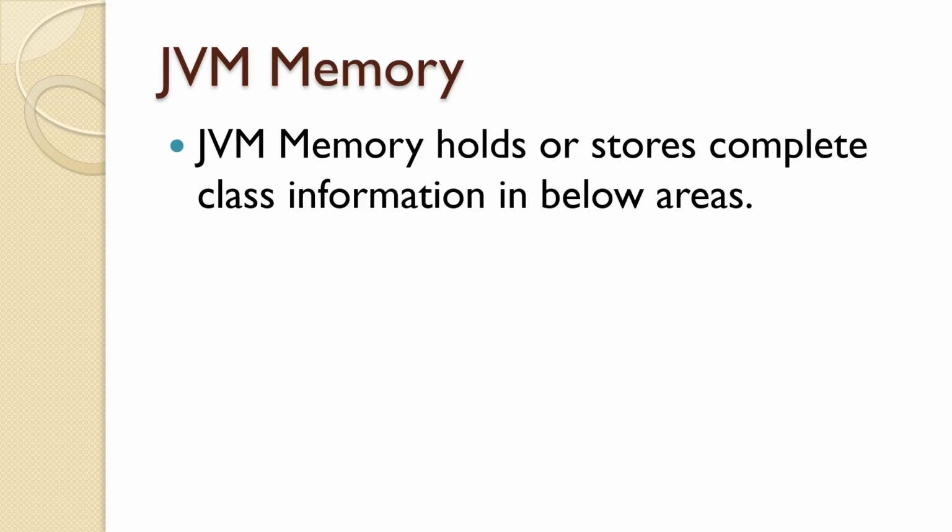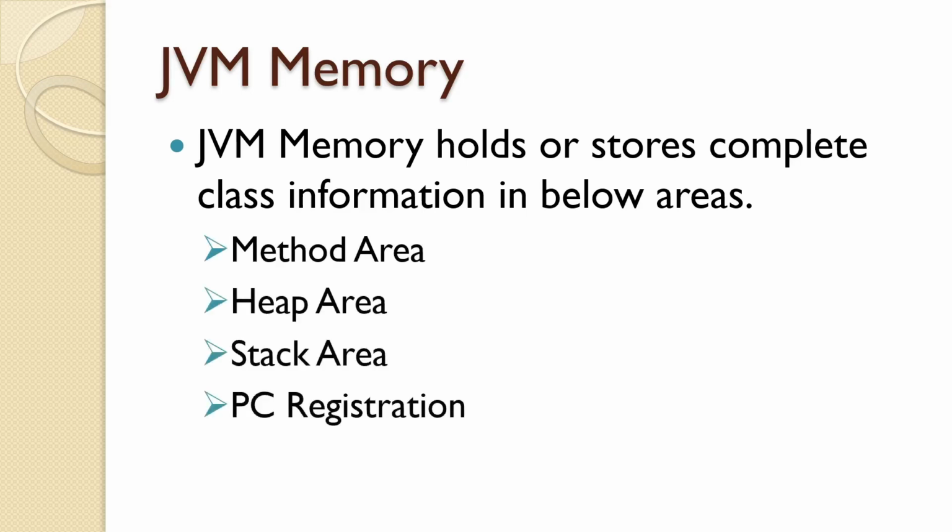So JVM memory holds and stores a complete class information in below areas, that is method area, heap area, stack area, PC registers, and native method stacks. Method area is a shared resource as there is one and only one method area per JVM. Class level information like class name, parent class name, methods, variables are stored in the method area.